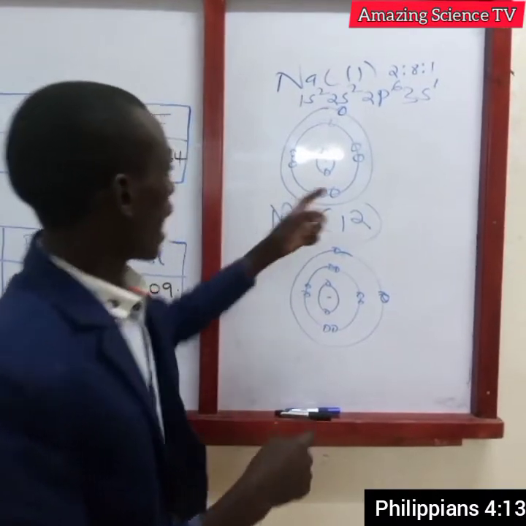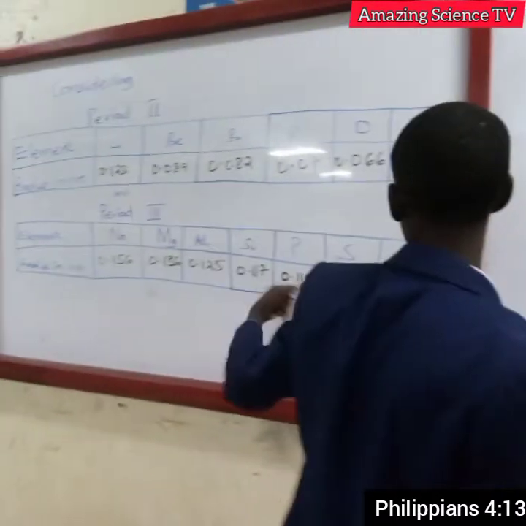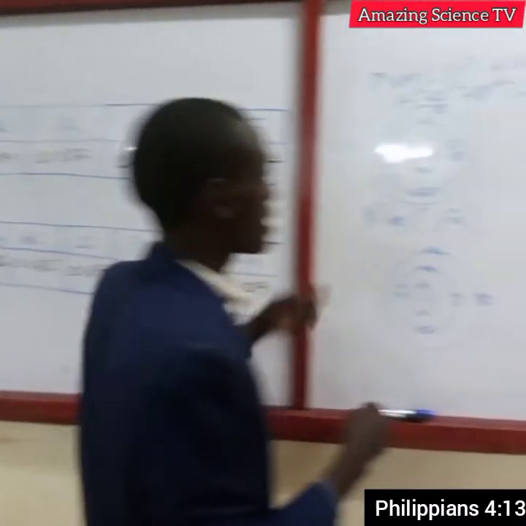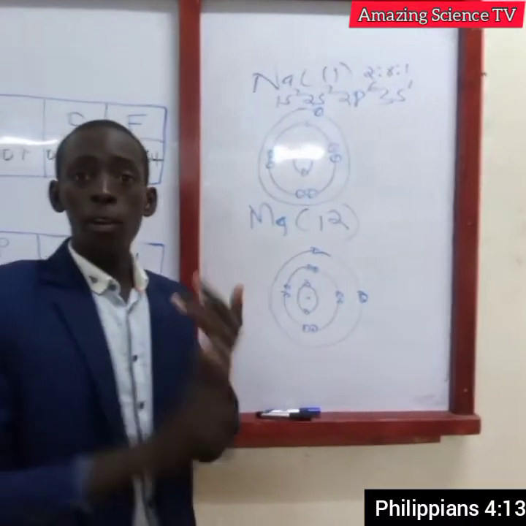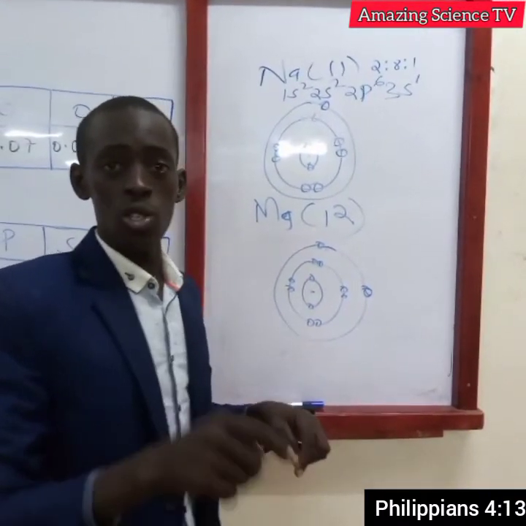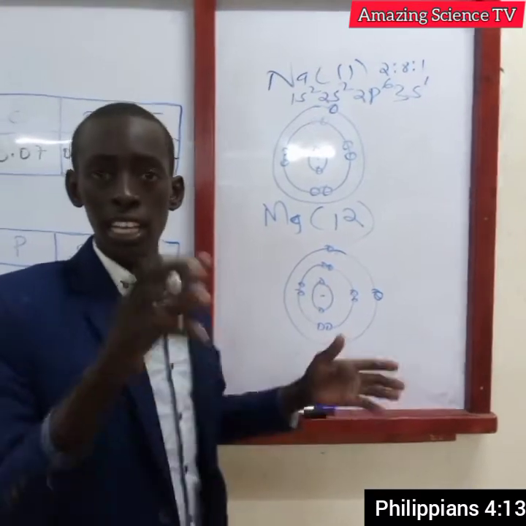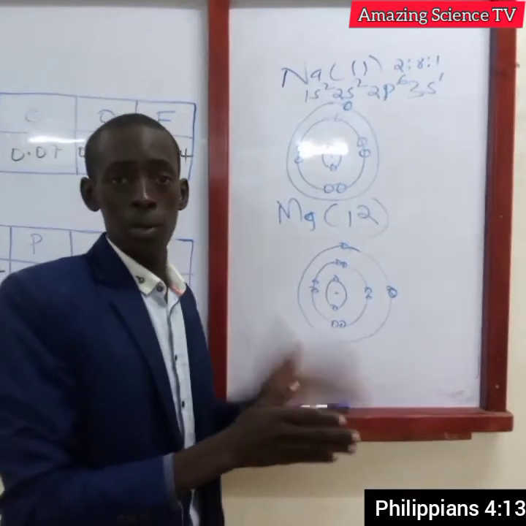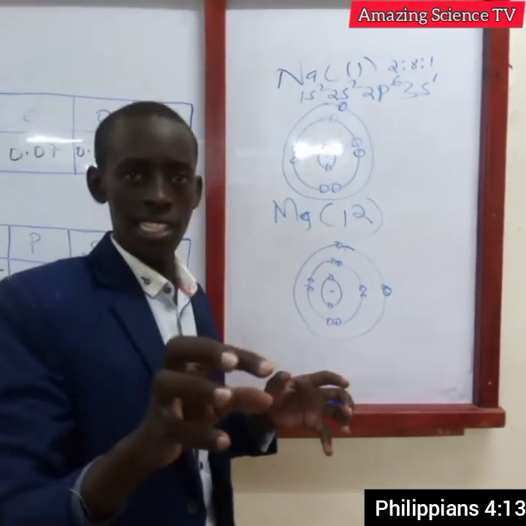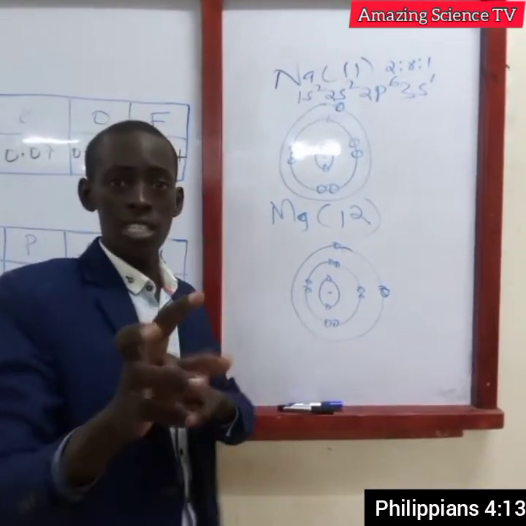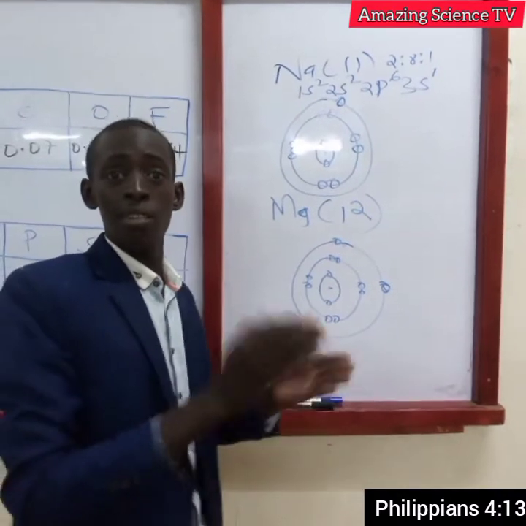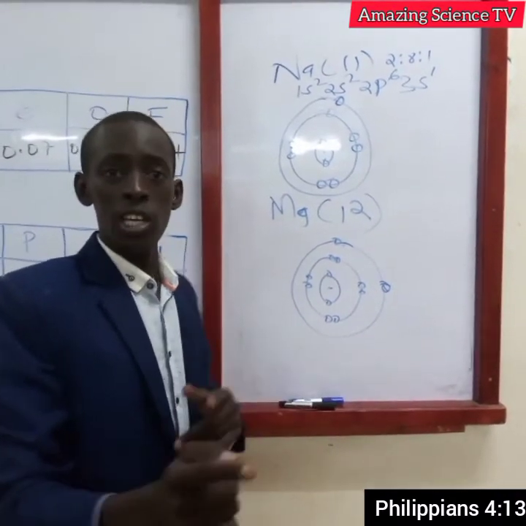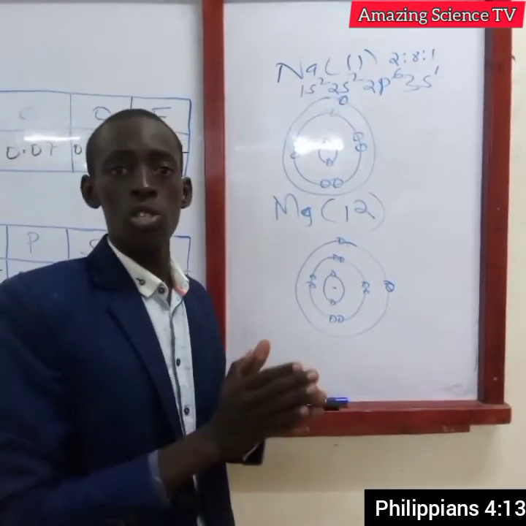And then as we move from left to right, from one element to another, a proton is being added to the nucleus, and so nuclear charge goes on increasing. As the nuclear charge increases, the screening effect almost remains constant. And in so doing, the effective nuclear charge will also increase.